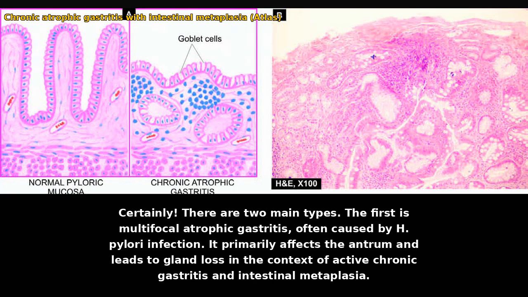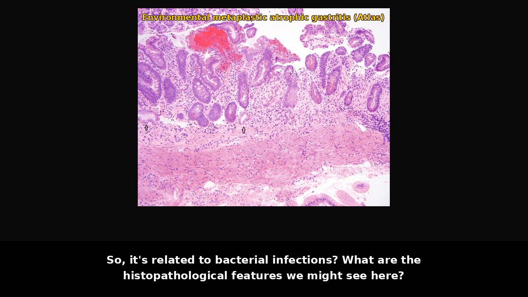Certainly. There are two main types. The first is multifocal atrophic gastritis, often caused by H. pylori infection. It primarily affects the antrum and leads to gland loss in the context of active chronic gastritis and intestinal metaplasia. So it's related to bacterial infections?